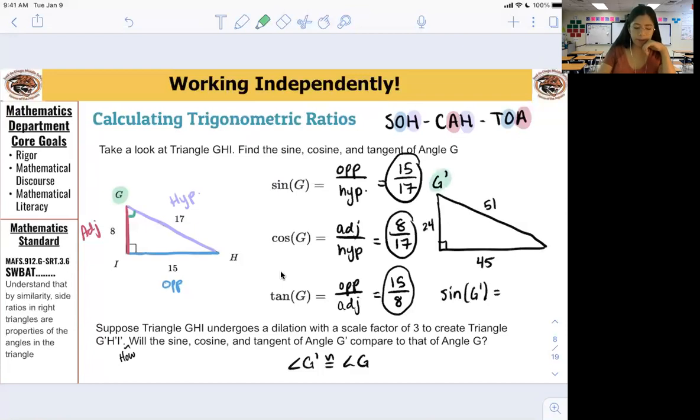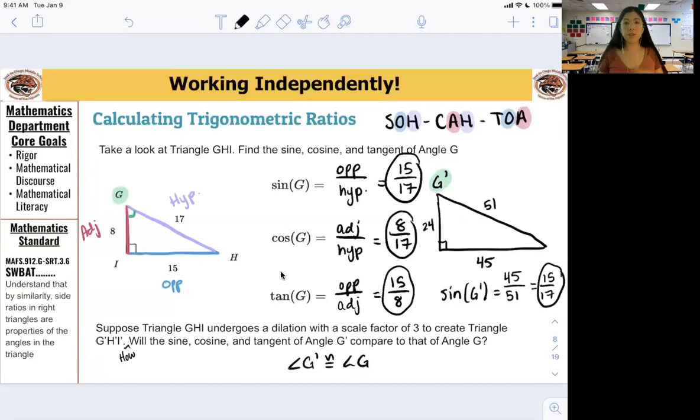Good, 45 over 51. Well, 45 and 51 are both divisible by 3. So when you simplify 45 divided by 3 and 51 divided by 3, we end up with 15 over 17. We got the same exact value.